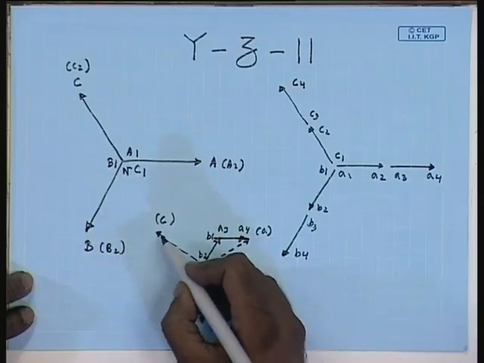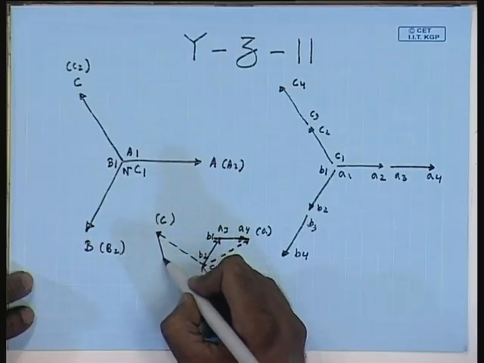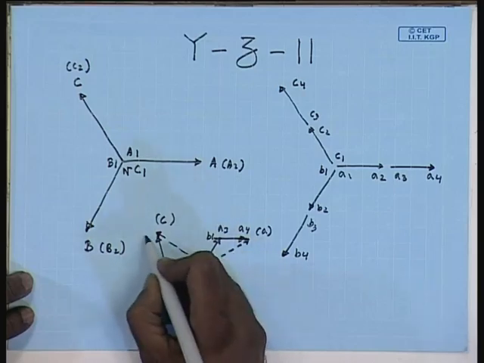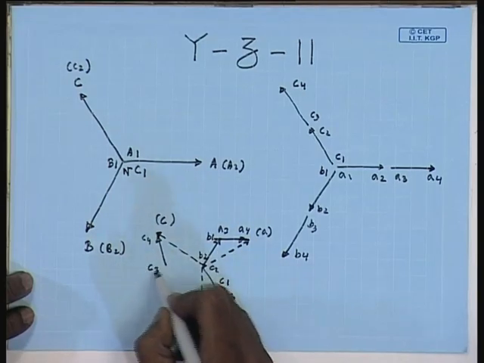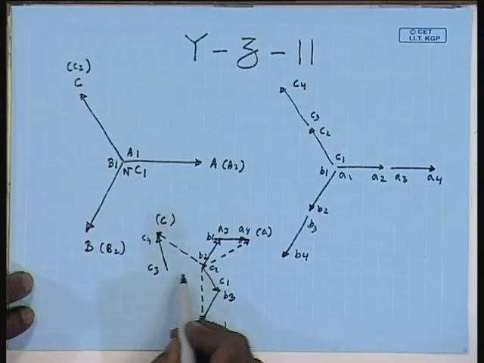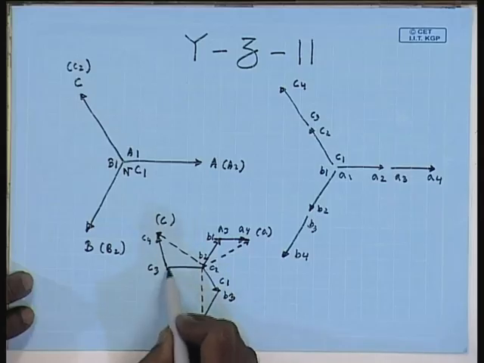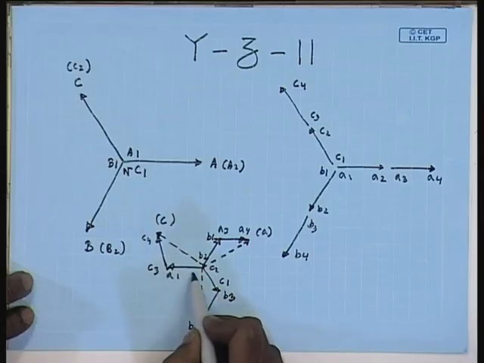This should be C4, C3, and this should be A1, A2.